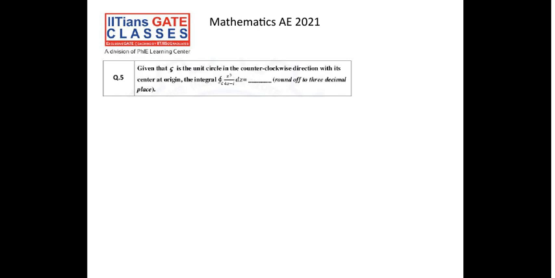We have to see if the poles of this function lie inside the given curve or not. Since zeta is the unit circle, let's start by drawing that. This is the unit circle, mod z is equal to 1.